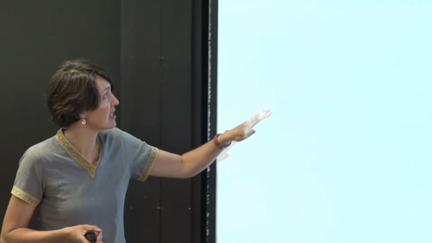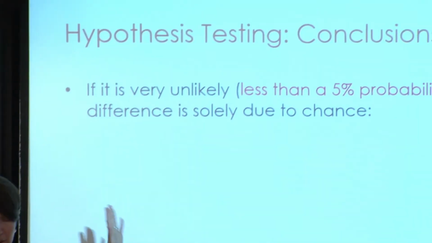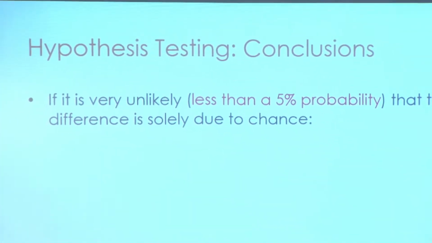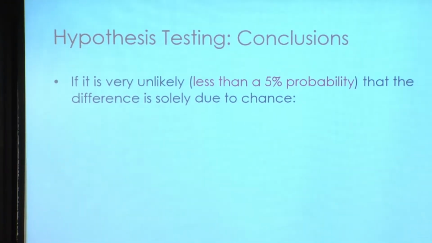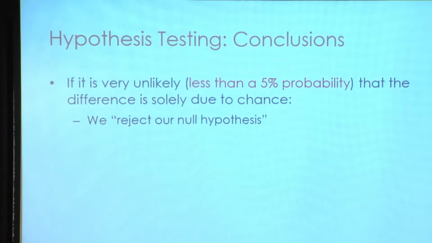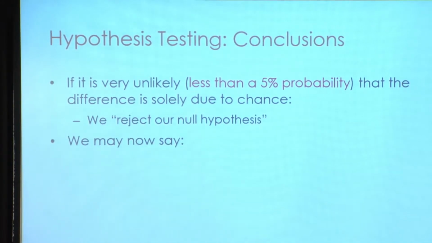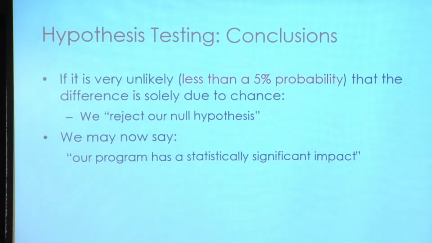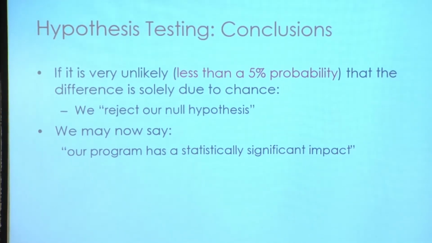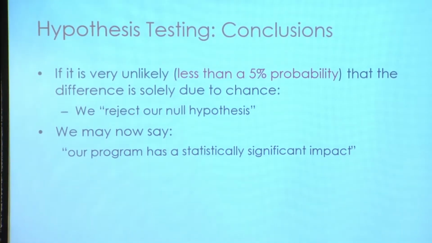So if there's a less than 5% probability, and this is a pretty tough standard, we're saying only if there's a less than 5% probability will we say that it's not due to chance. And then we reject our null hypothesis, and we can say that the program has a statistically significant impact.